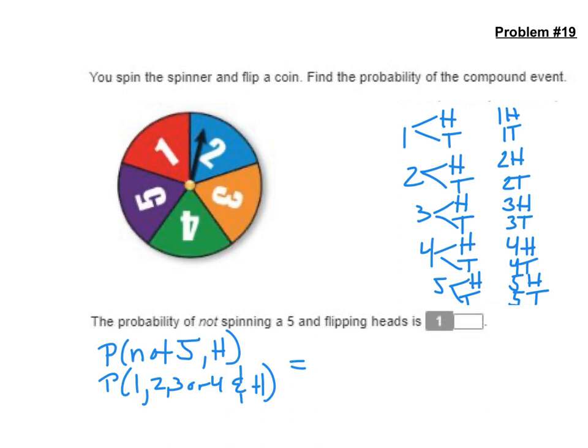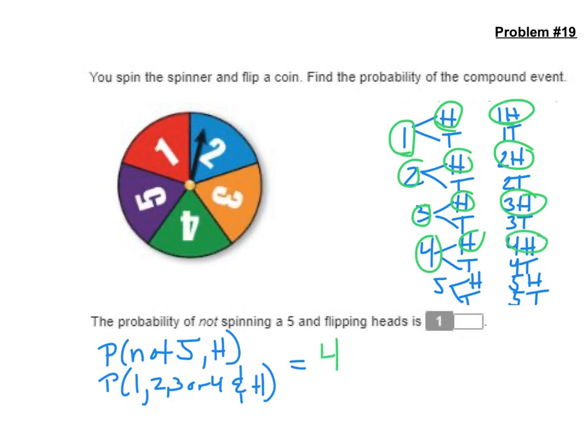So 1 and heads, 2 and heads, 3 and heads, and 4 and heads. Those would all be possible outcomes. That's 4 out of 10 possible outcomes. And if you simplify that, that would be 2 out of 5.